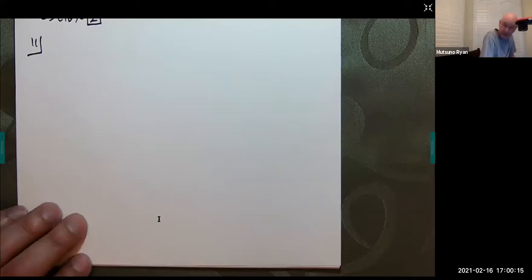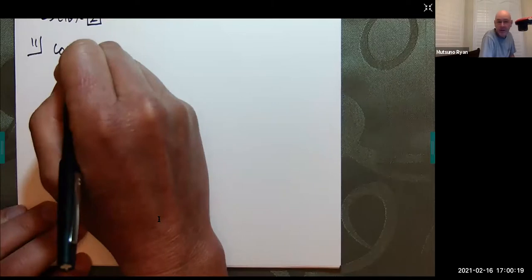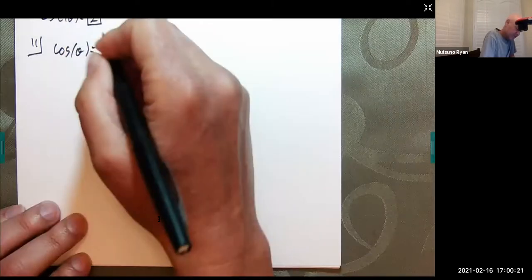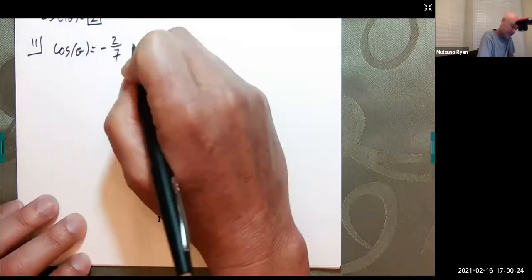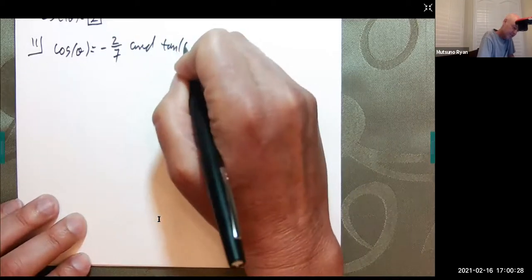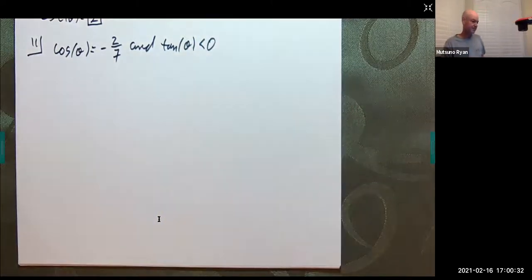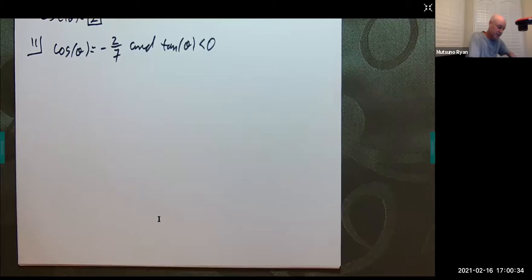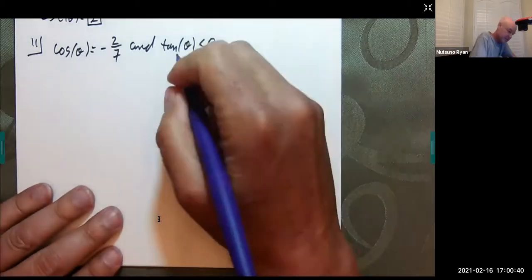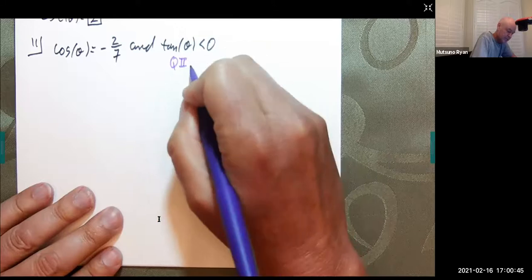Number 11 says, if cosine of theta is negative 2 over 7, and the tangent of theta is less than 0. Tangent is negative, or less than 0, in quadrants 2 and 4.